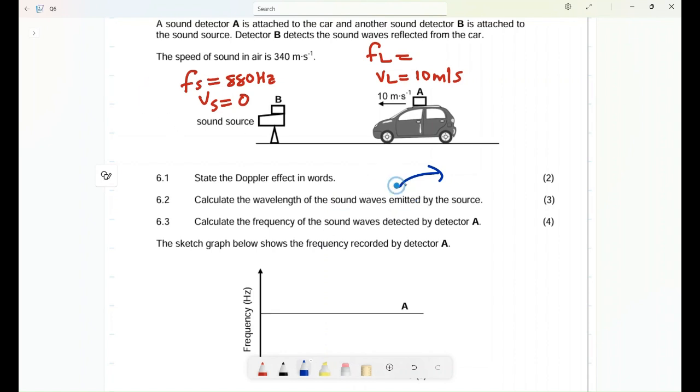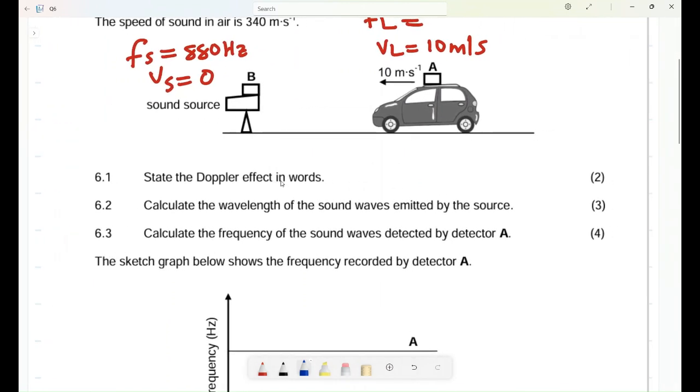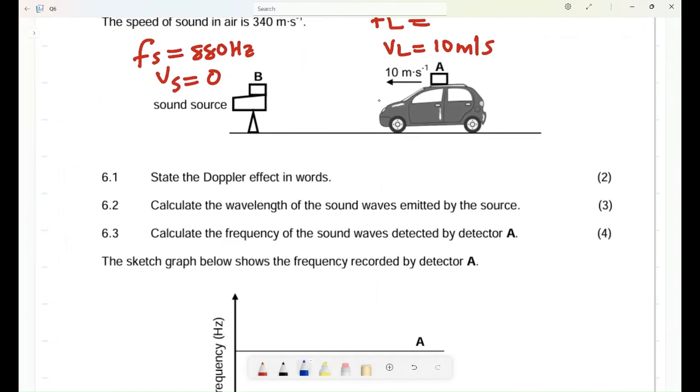We use a unique formula that says velocity is equal to frequency multiplied by wavelength, or lambda. Now the velocity is 340. The frequency emitted was 880, multiplied by our lambda.